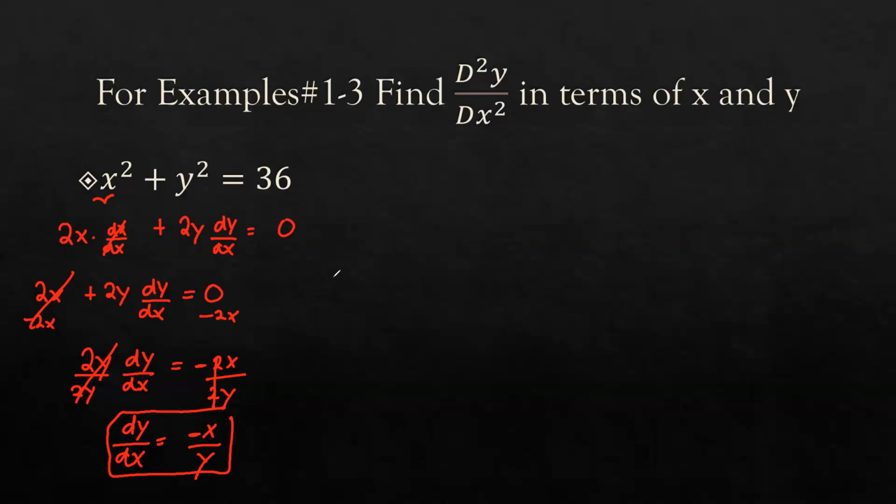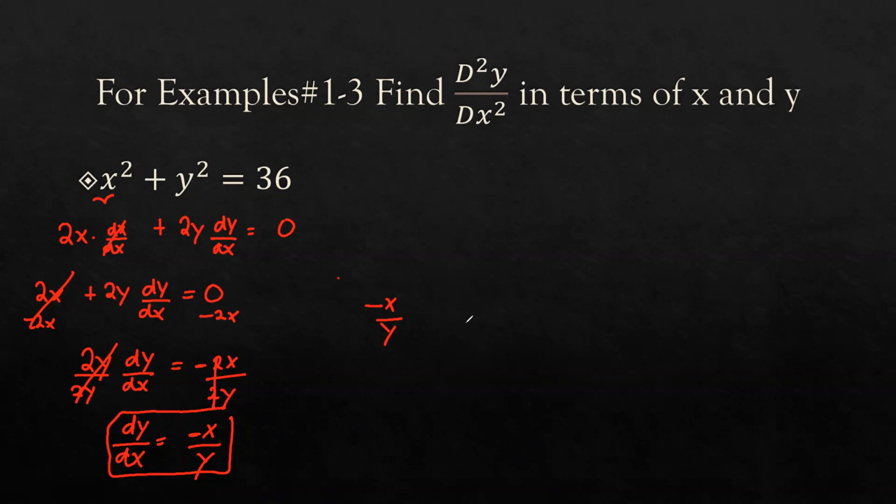So d squared y over dx squared is the derivative of negative x over y. Okay, so how do we take the derivative of this? We're going to apply the quotient rule.